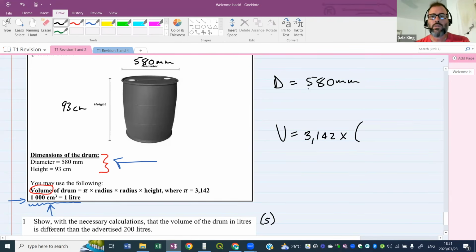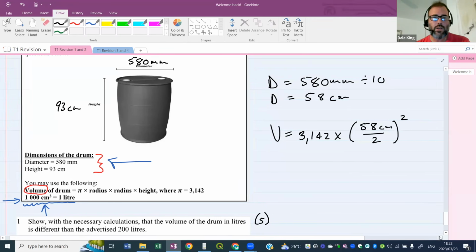I'm going to divide it by 10 to get centimeters. So we've got to work with 58 centimeters. That's the diameter we're working with. Convert it first. Then in my formula, I'm going to take my diameter, which is 58 centimeters, and cut it in half to make a radius. And the radius must be squared.